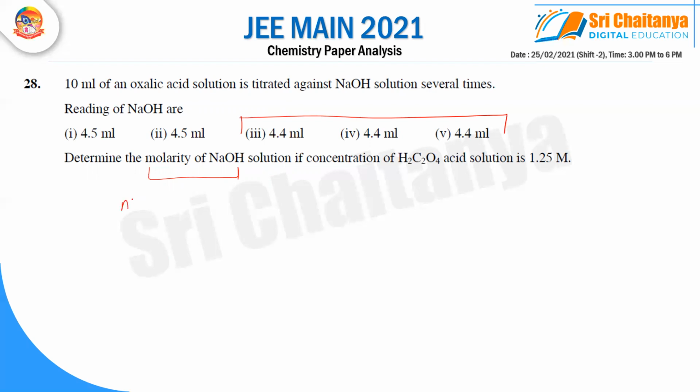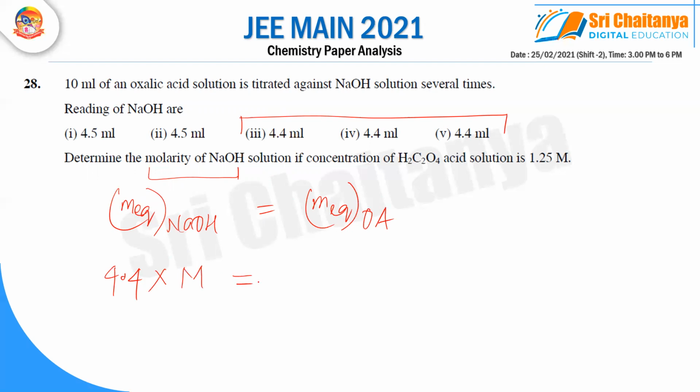So what I can write is the milli equivalence of NaOH and milli equivalence of oxalic acid. There has to be the same milli equivalence of NaOH. What will I write? Volume. I'm taking 4.4 because that is more common, multiplied by the molarity. How much is the molarity? We don't know. We have to find it out.